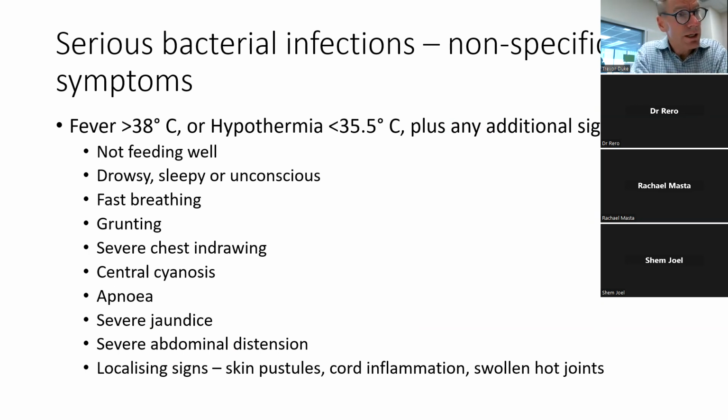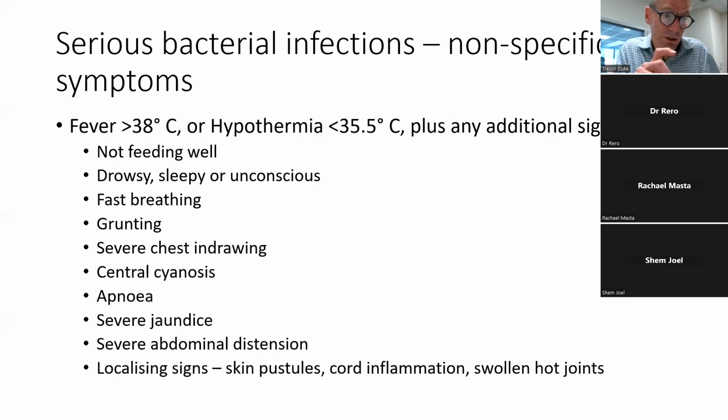But if you think that any baby who's got a fever or has hypothermia may have an infection, and if they've got at least one additional sign, like they're unable to feed, or they're drowsy, or sleepy or unconscious with a fever, or they've got fast breathing or grunting or severe chest indrawing or cyanosis or apnea or jaundice or severe abdominal distension, or they've got a localizing sign like skin pustules or cord inflammation or swollen hot joints, then they're likely to have a serious bacterial infection.